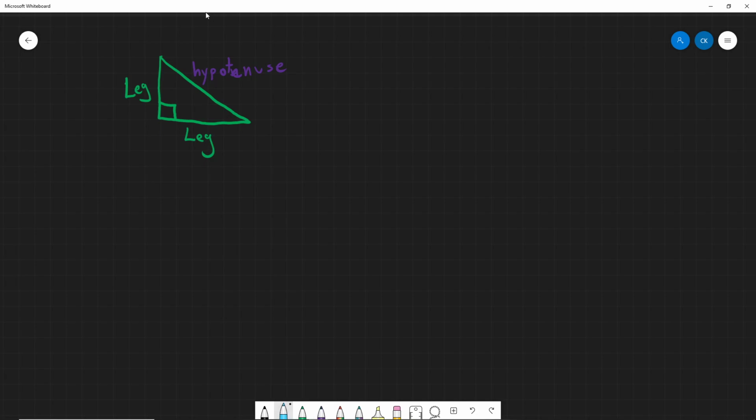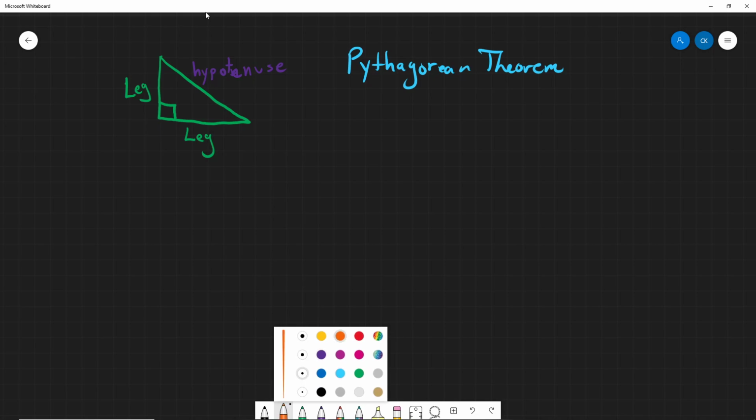So now that we're talking about the Pythagorean Theorem, it states that when working with a right triangle, the square of the length of the hypotenuse is equal to the sum of the squares of the lengths of the legs. Let's put that into easier terms.